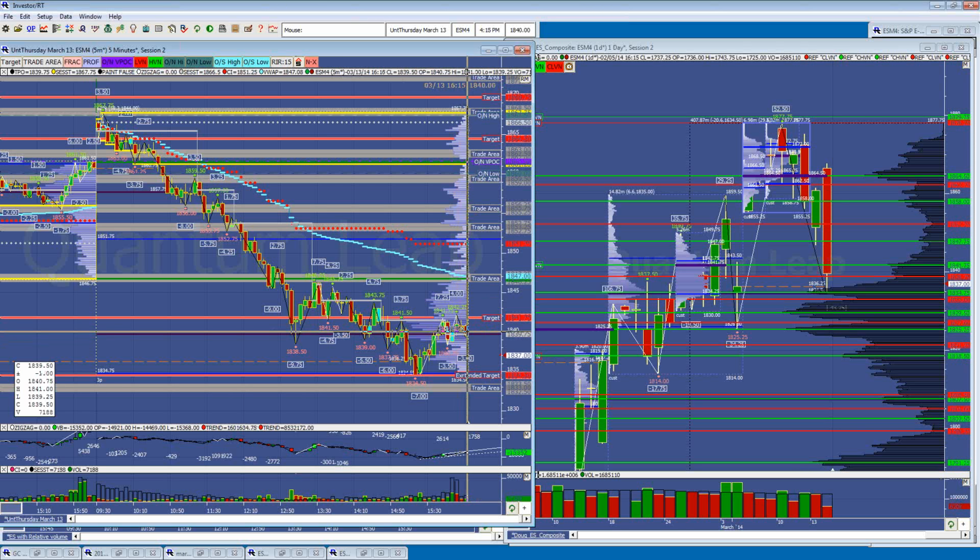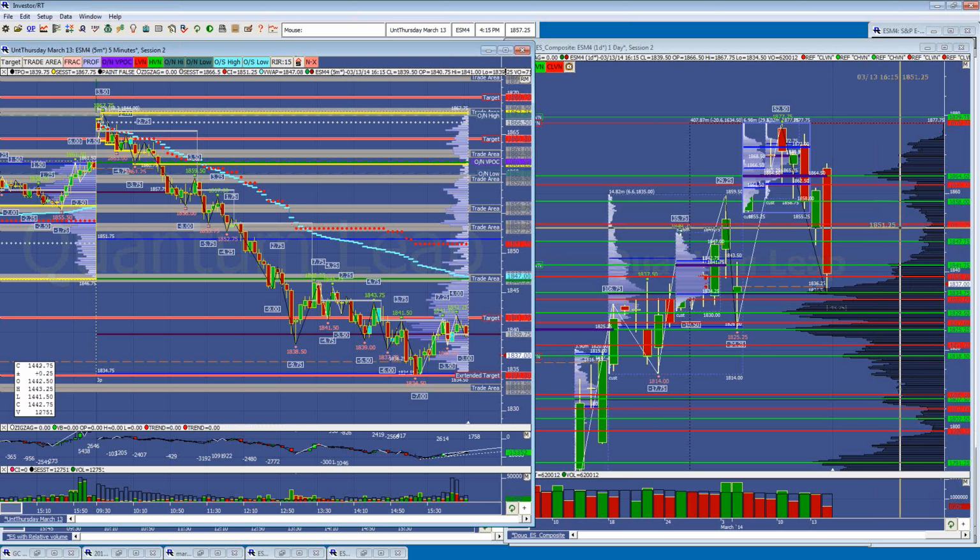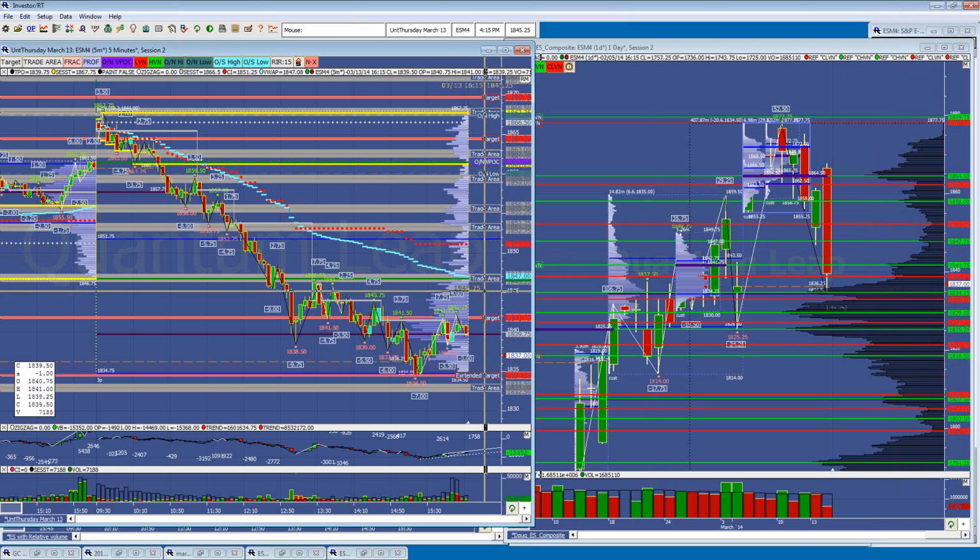1839.50. So you can have a main hypothesis, but you always have to know what's likely going to happen after that main hypothesis is violated. And because we had a plan in place, the break below the 53 was no big deal because we had our targets below.